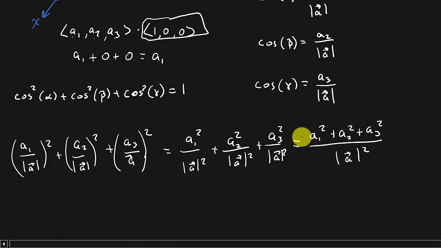Well, remember, the square root of that is the magnitude of A. But if I square it, this right here is the magnitude squared, because the magnitude of the vector is the square root of A1 squared plus A2 squared plus A3 squared. But we don't have the square root. And so the numerator is the magnitude of A squared, over the magnitude of A squared, which equals 1.